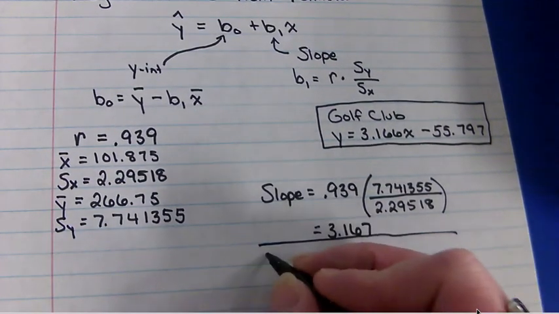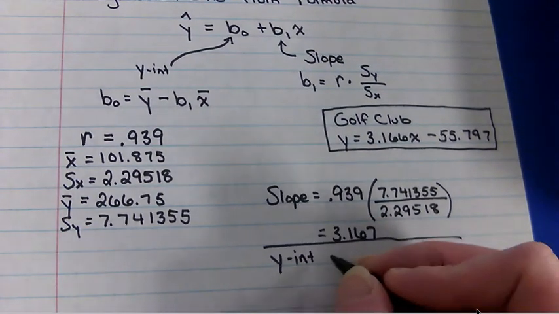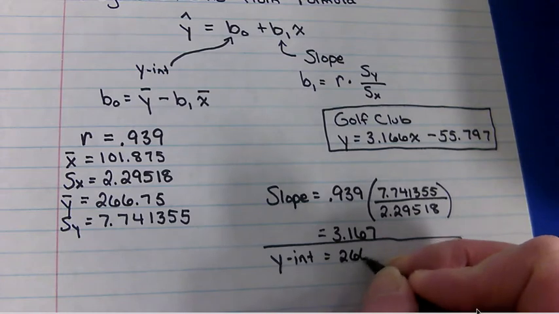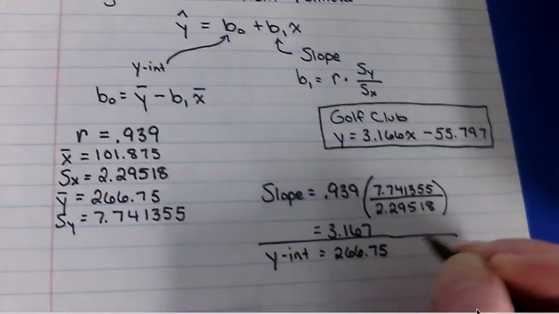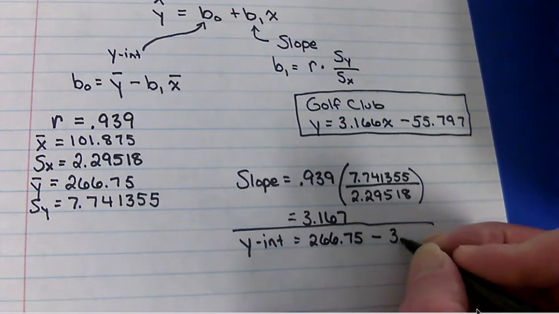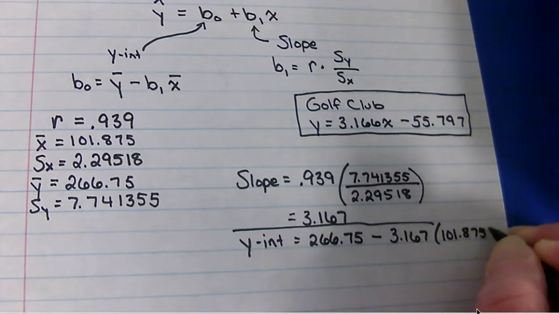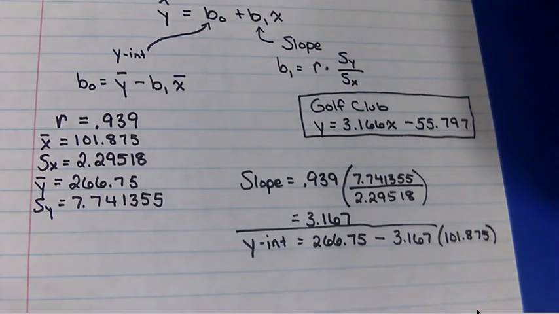Now, the y-intercept, I'm going to take the average of the y's, so 266.75, minus the slope, 3.167, times the average of the x's. So you have to find the slope first to be able to find the y-intercept.